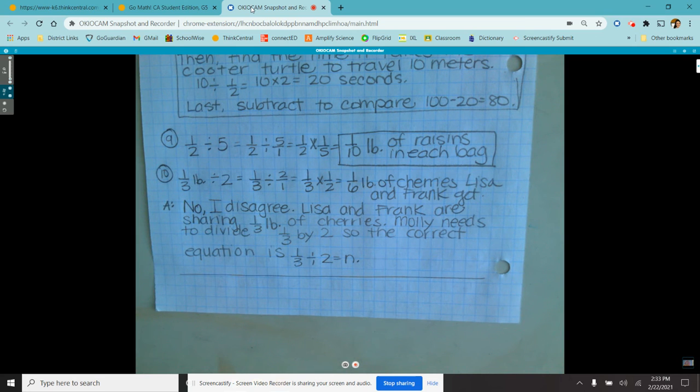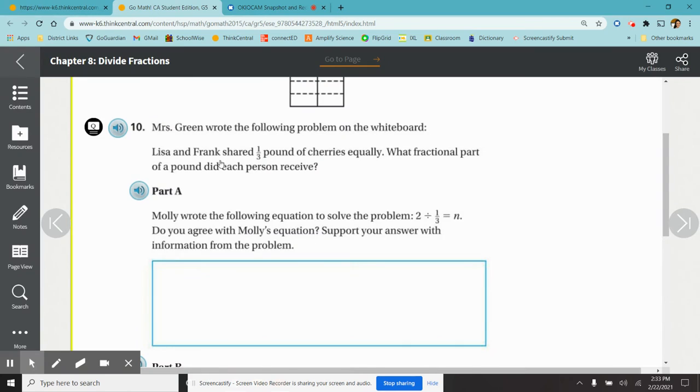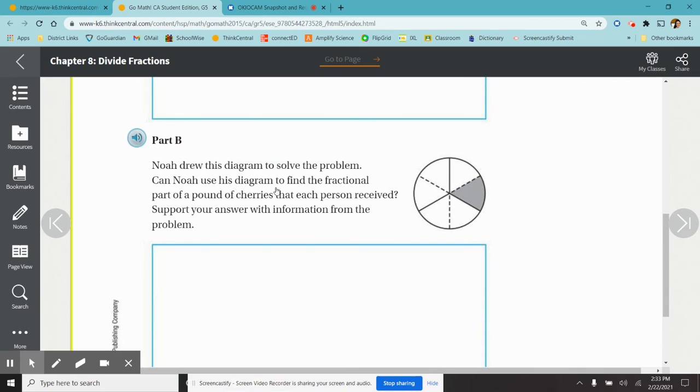Ooh, I don't have room to write B. Not enough space. All right, well, Noah drew this diagram to solve the problem. Can Noah use this diagram to find the fractional part of a pound of cherries that each person received? Let's see, 1, 2, 3, 4, 5, 6. This is 6, and this is 1/6.